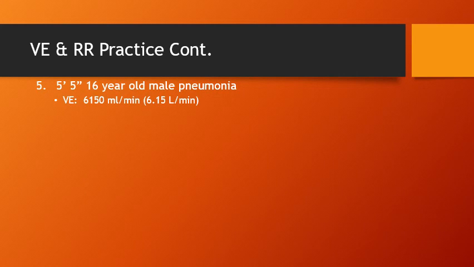Now remember, 16-year-old, we're going to treat him, he's more than 5 foot tall, and he's post-puberty, so we're going to treat him like an adult. So we're going to take 100 milliliters multiplied by his ideal body weight, giving us that 6,150. And then for his respiratory rate, 6,150 divided by the tidal volume that we calculated for him gives us 17 breaths per minute.